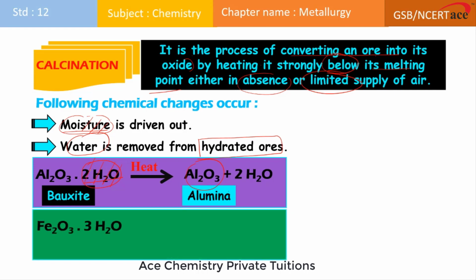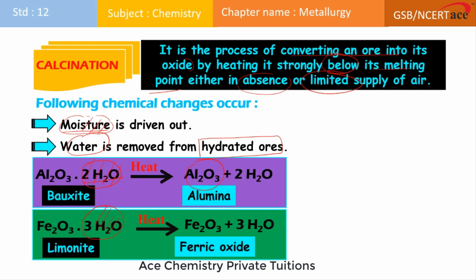Similarly, another reaction: this is Fe2O3. Again, if it is heated, you can see it contains some amount of water molecules, so this is again hydrated. If it is heated, this water will easily be removed and you will get anhydrous ore. This hydrated Fe2O3 is referred to as limonite.